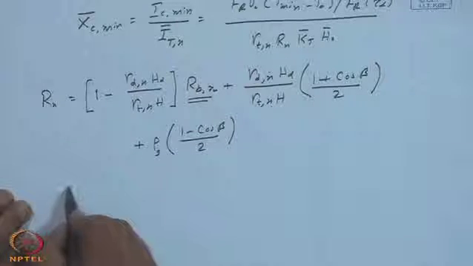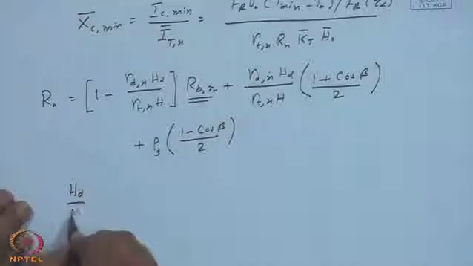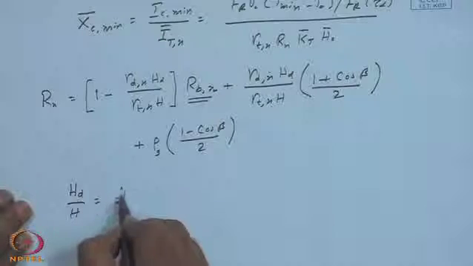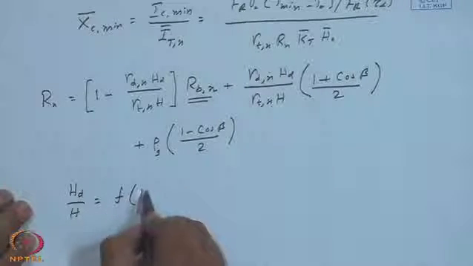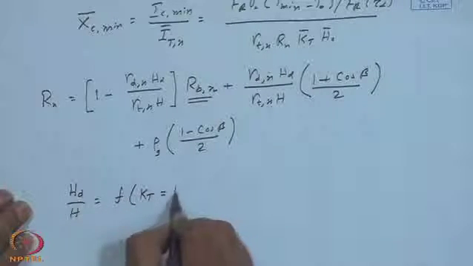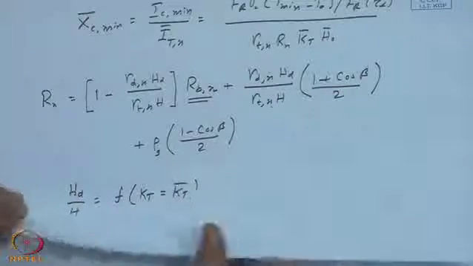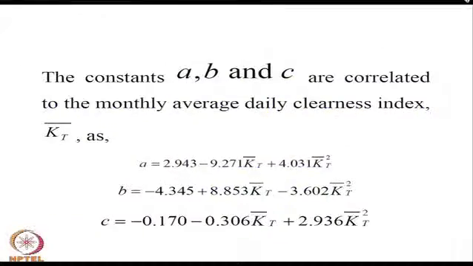And here I also emphasized that Hd by H is calculated as daily clearness index with Kt numerically equal to Kt bar. For a number of reasons this is supposed to have worked better, consequently this has been adopted.